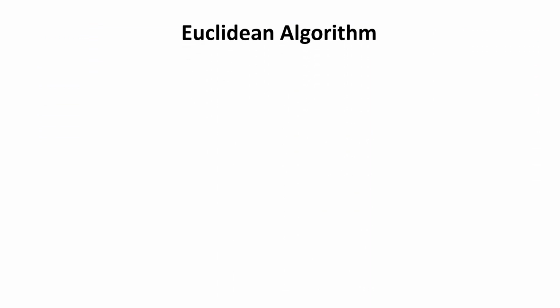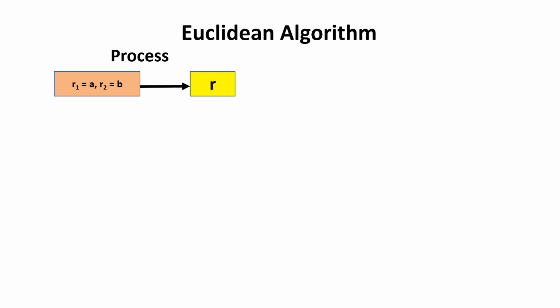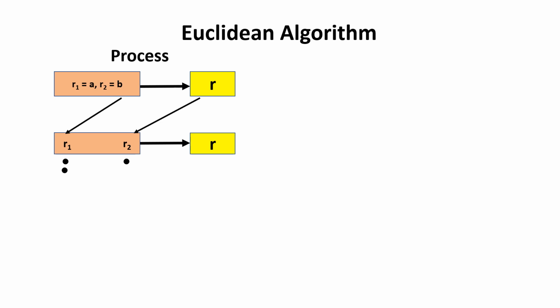The Euclidean algorithm uses two variables, r1 and r2, to hold the changing values during the process of reduction. They are initialized to a and b. In each step, we calculate the remainder of r1 divided by r2 and store the result in the variable r. We then replace r1 by r2 and r2 by r.